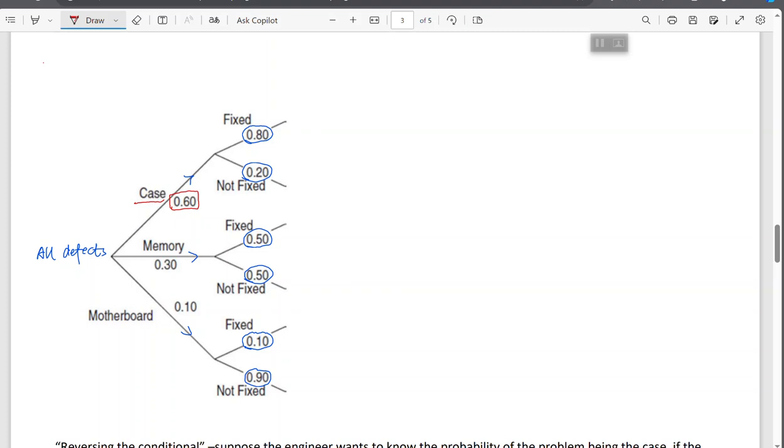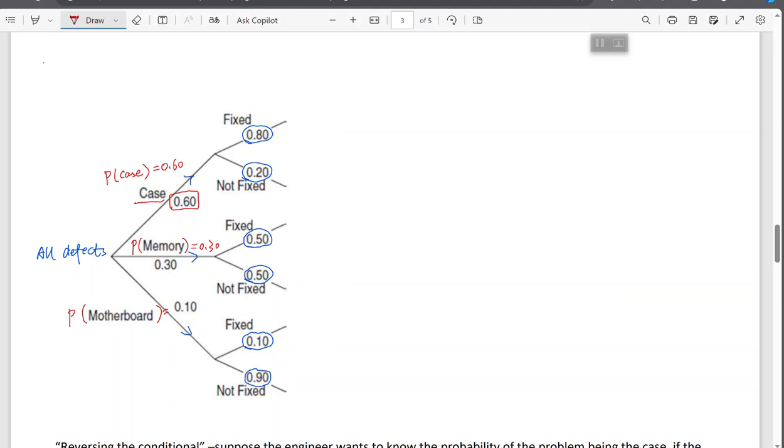So how to represent this marginal probability? It is just the probability of case alignment defect is 0.60. And then we say the probability of memory defect is 0.30, and similarly, the probability of the motherboard defect is just 0.1.